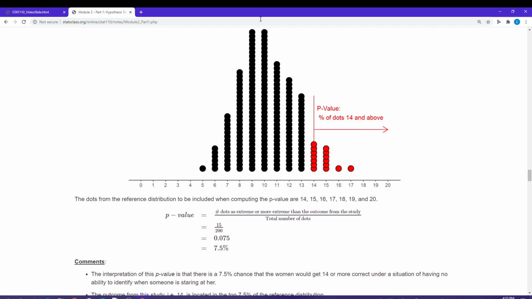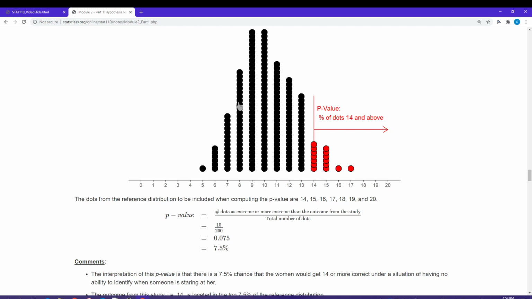I put 200 repeated outcomes on this reference distribution. So 15 divided by 200 is going to be 7.5%. So there's a 7.5% chance of seeing 14 or anything higher than 14 when this woman is guessing.